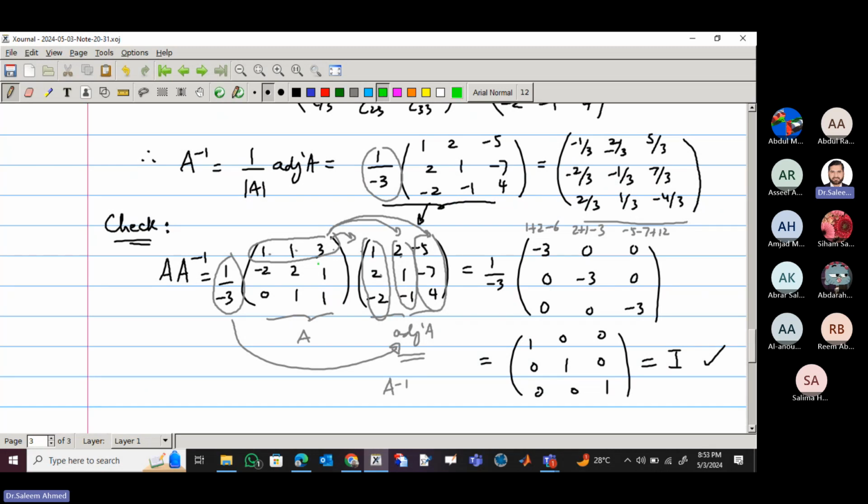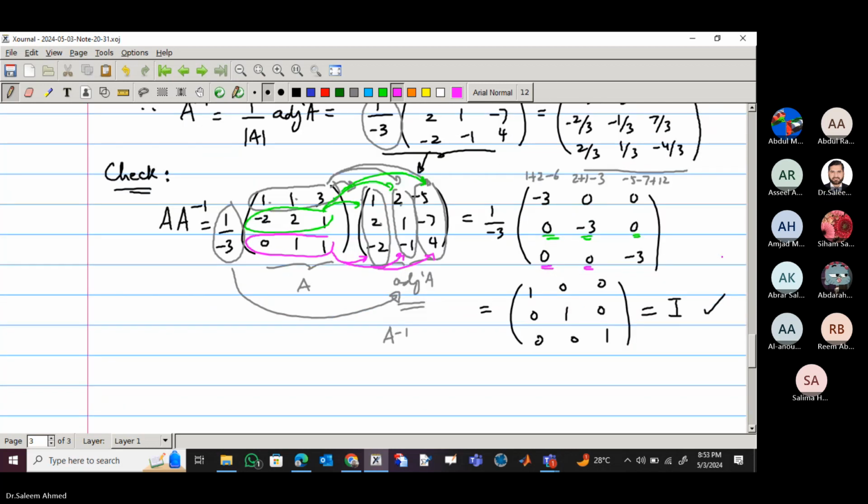Similarly, you will go to second row, first column, second row, second column, second row, third column. You will get these three numbers. Then you will go to third row, first column, third row, second column, third row, third column. You will get these three numbers. All right.